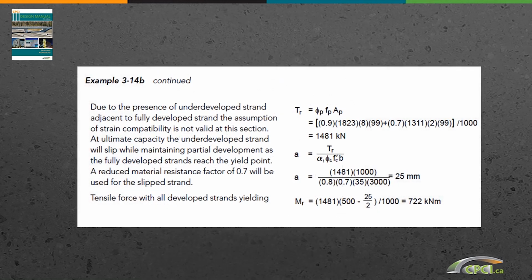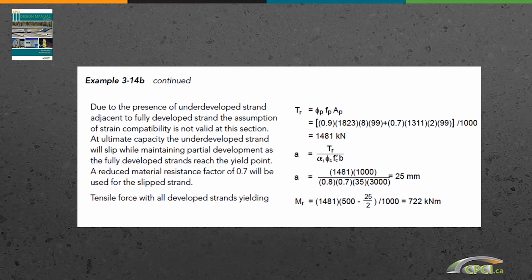So, saying that, we need to calculate T sub R. Essentially, we have 8 bonded strands arriving at 1823 megapascal, plus 2 debonded strands arriving at 1311. And in this case, phi p needs to be reduced to 0.7, not 0.9, for the bonded strand as an added cautionary feature.